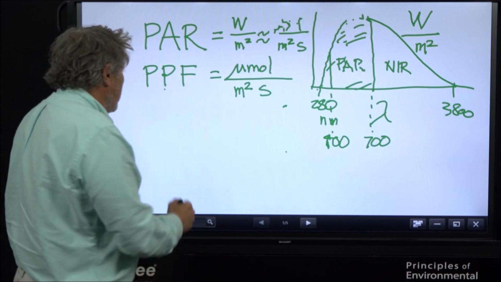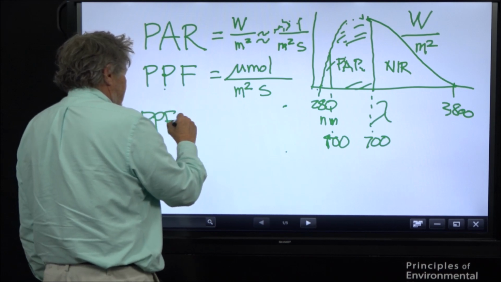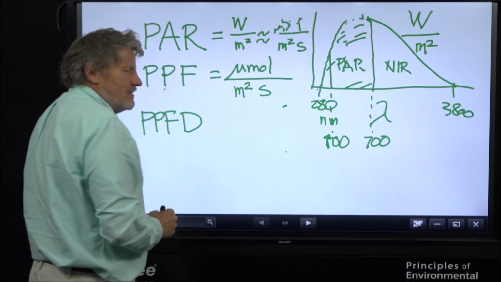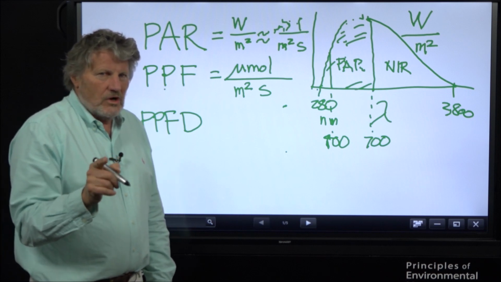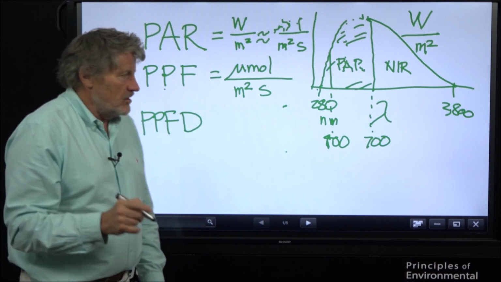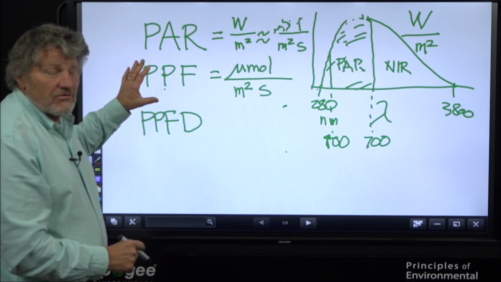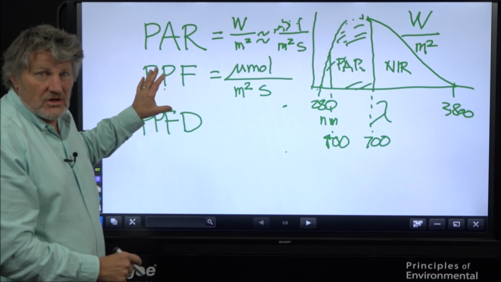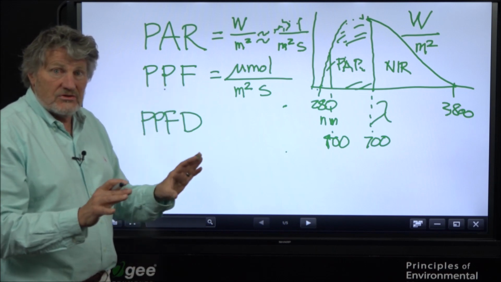Now, what about PPFD? Is that different? It depends on what part of the literature you read. These two terms have been used interchangeably for 50 years in the literature, and they are still used interchangeably today.